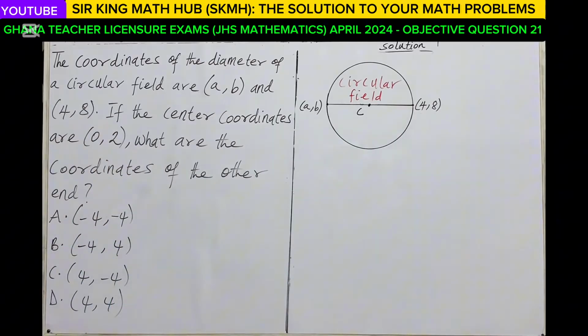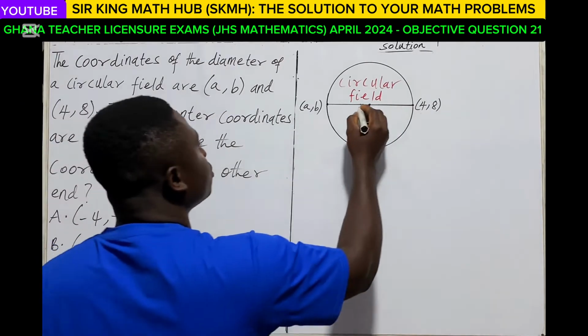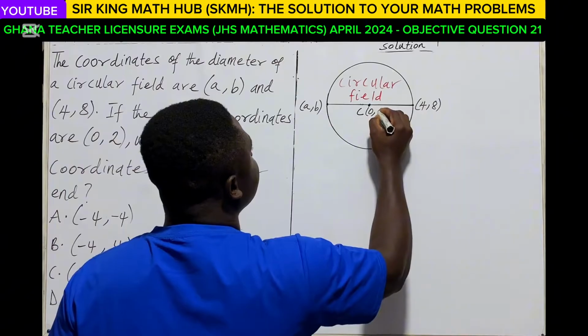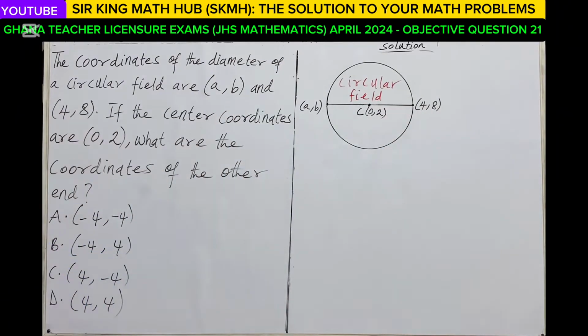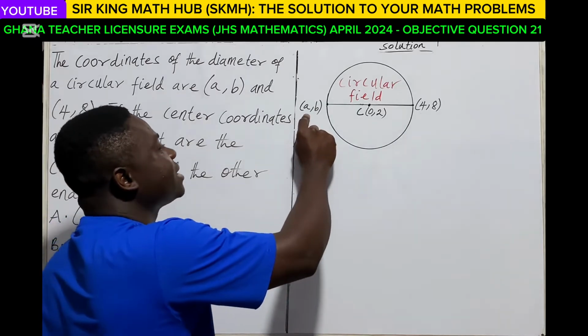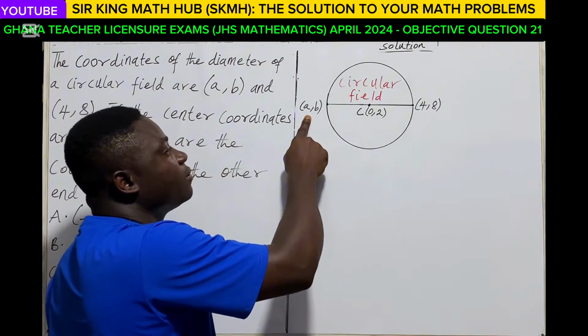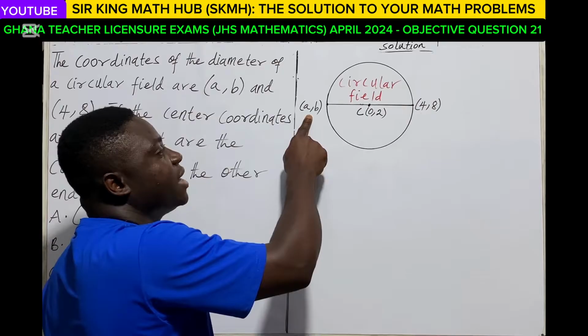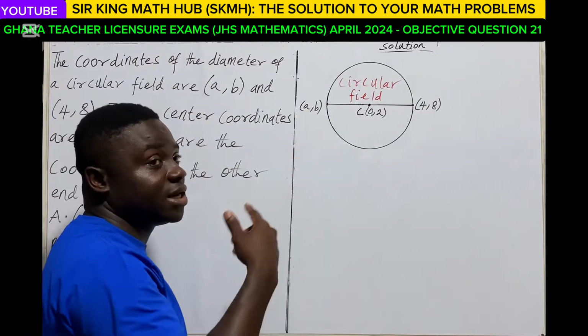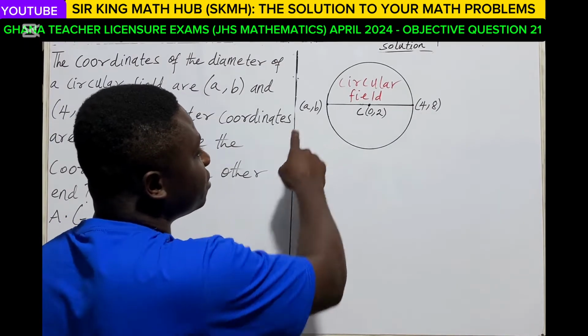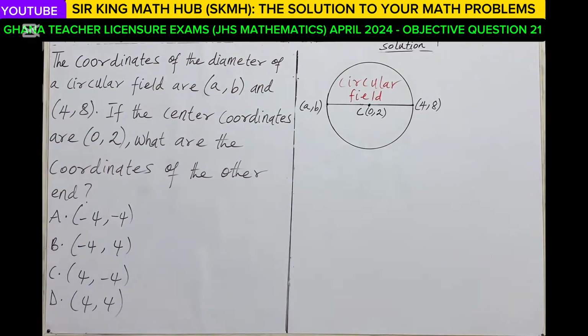So if the center coordinates are 0, 2, then what are the coordinates of the other end? We want the exact coordinate of this end of the diameter, meaning that we want the values of A and B. So how do you find the values of A and B?